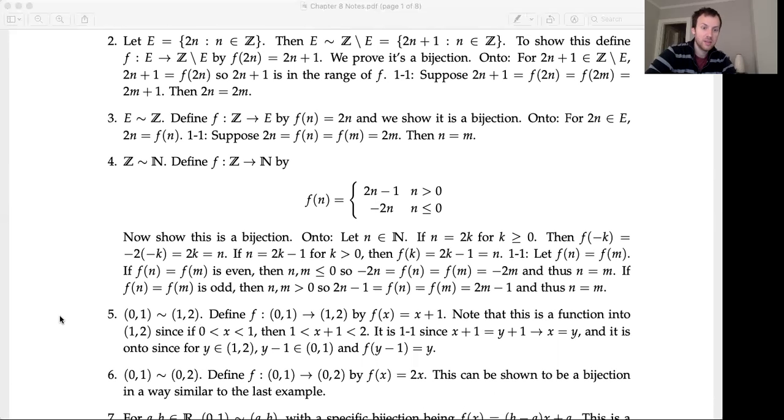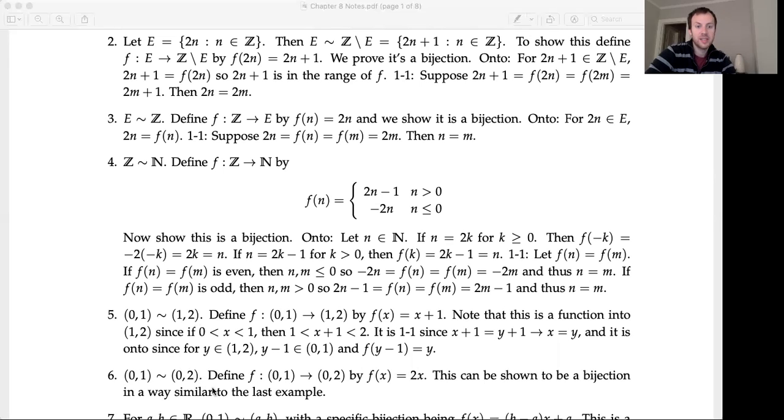But we can have stranger examples. The interval (0, 1) is equinumerous to (0, 2). The bijection that works is f of x equals 2x. You can show this is a bijection combining example 5 and some of what happened in example 3.